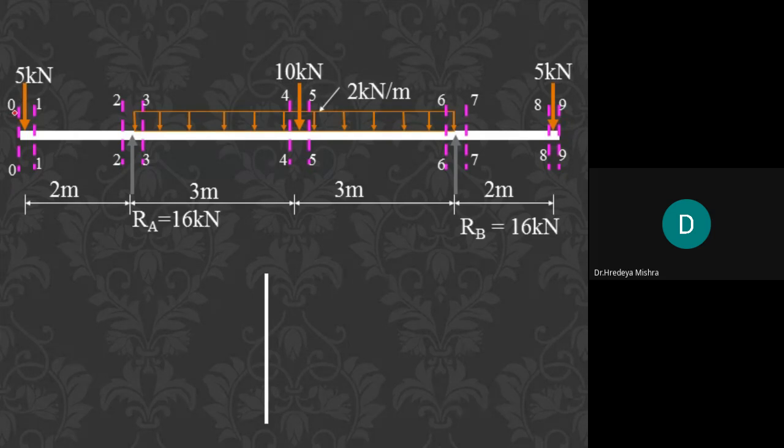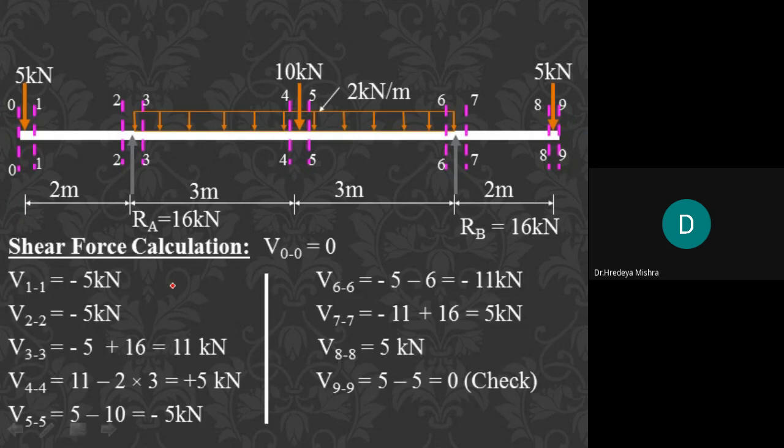At sections 0-0 and 9-9 the vertical force is 0. So V00 is 0 and V11 is the downward force, so we take it as negative, minus 5 kilonewton.